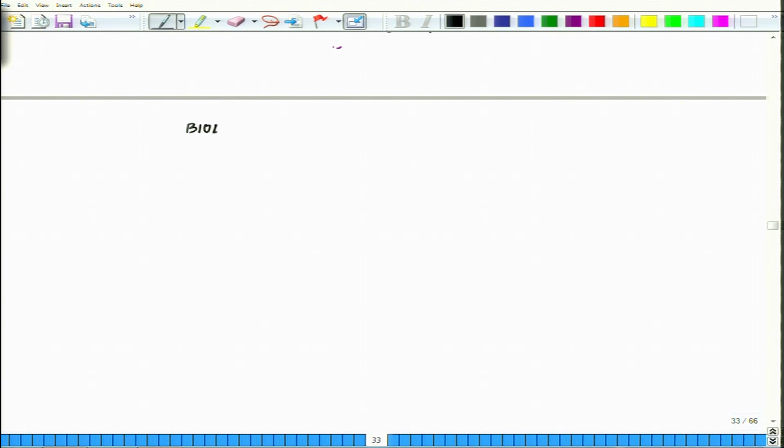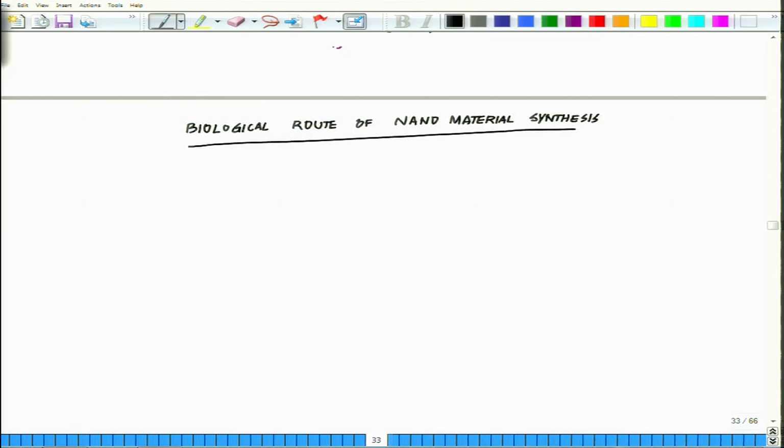Biological route of nanomaterial synthesis.